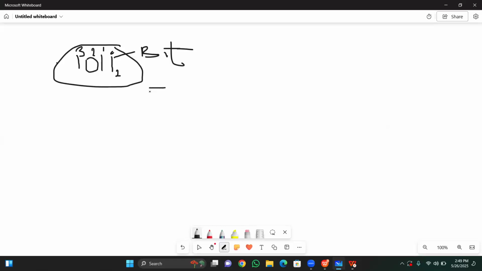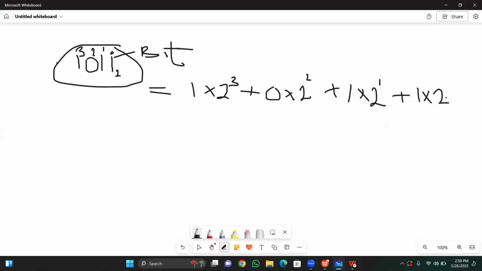We say this is equal to 1 times 2 raised to power 3, remember, the base is 2, plus 0 times 2 raised to power 2, plus 1 times 2 raised to power 1, plus another 1 times 2 raised to power 0.